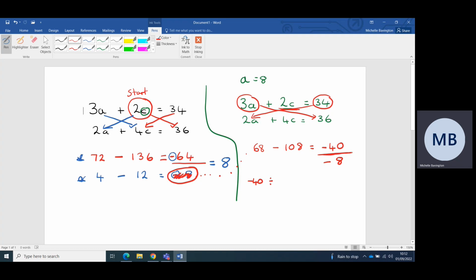This line here means to divide. One sign, keep it. Two signs, don't. So 40 divided by 8 is 5. So C equals 5. Now you got that. Good. Now let's do the other one, right?